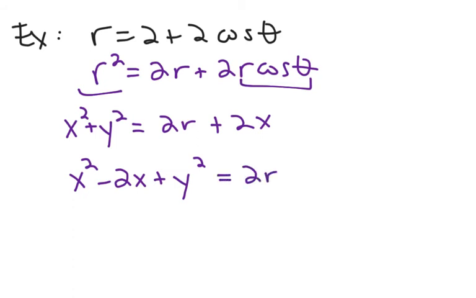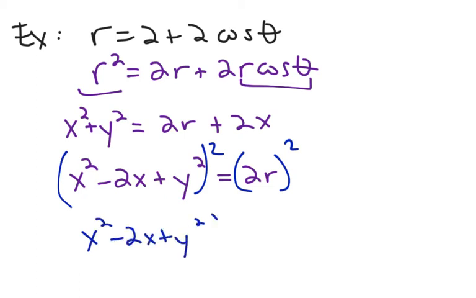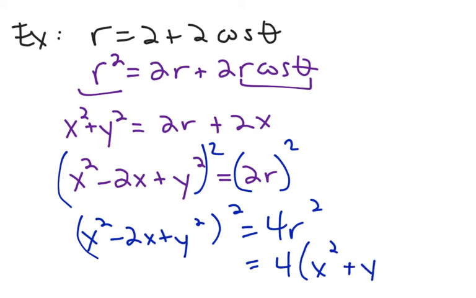Because I still have an r left to get rid of, and multiplying both sides by r won't solve the problem, this time I could actually square both sides. And it's not a pretty looking equation, but it works. And then the right hand side is going to be 4 times x squared plus y squared.